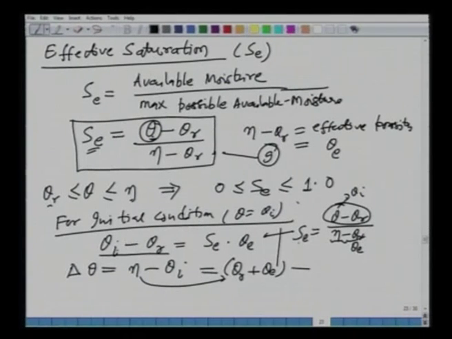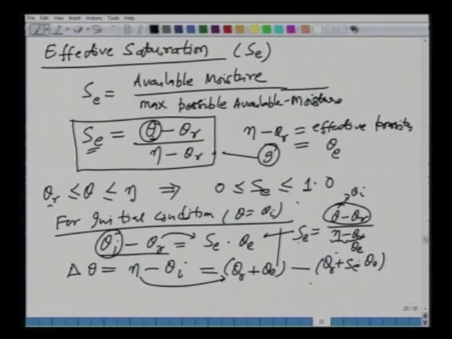From this equation, theta I is theta r plus SE times theta E. So, all I am doing is putting theta I from this equation here, and eta from the basic definition, the sum of the effective porosity and the residual moisture content.